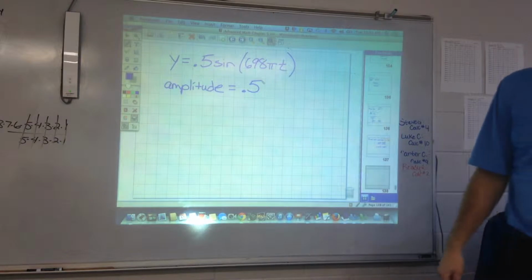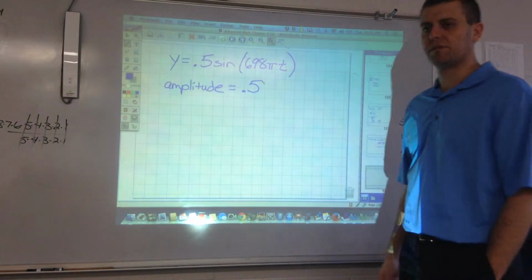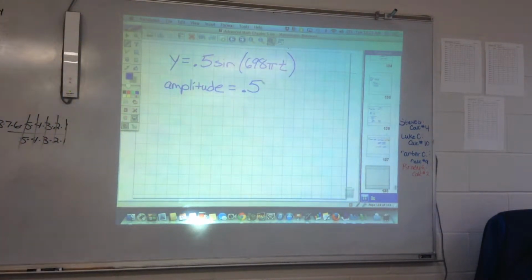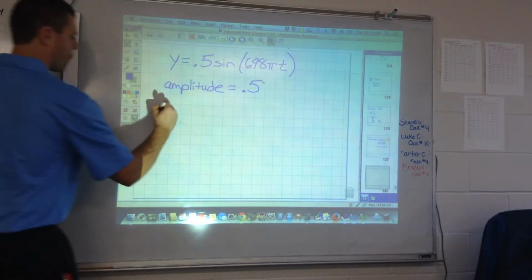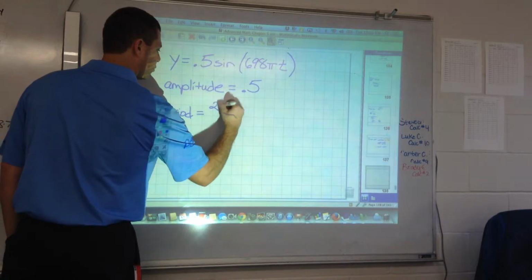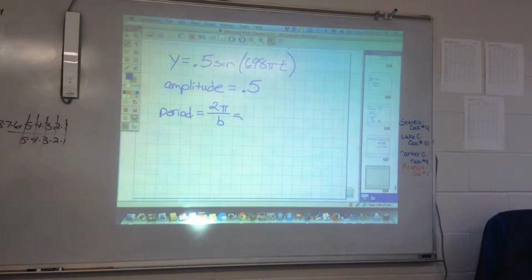Also wants you to determine the period of this function. Because it's a sine function, we use 2 pi over b. Period is 2 pi divided by the b value. So in this case, it'll be 2 pi divided by what? 698 pi.